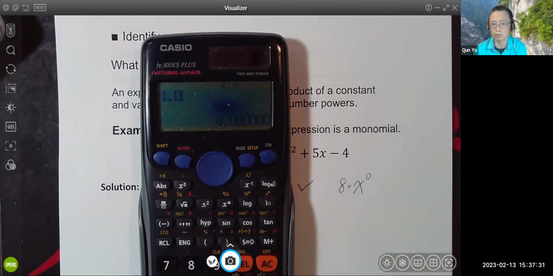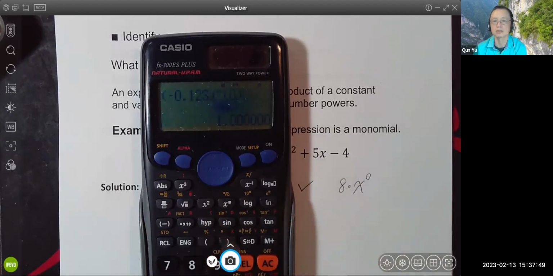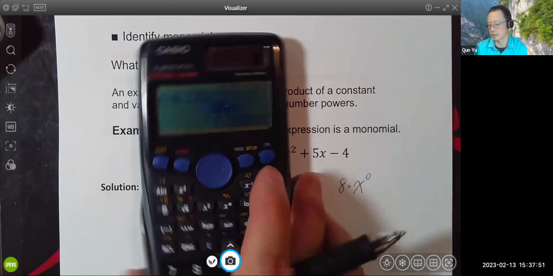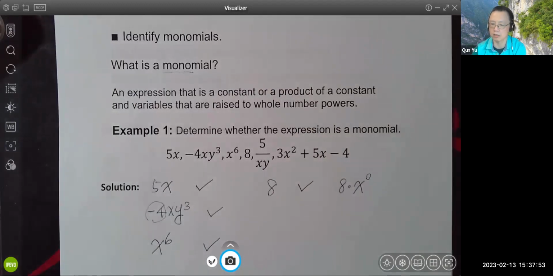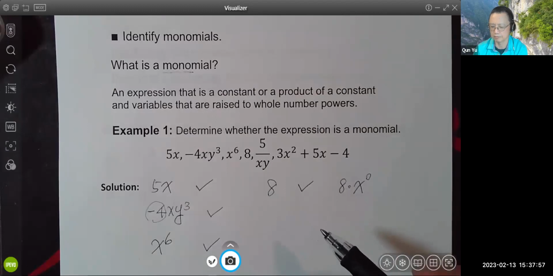Say 1.2 to the power of 0 equals 1. Now let's get a negative, ugly number, negative 0.123 raised to the power of 0 equals 1. So you see that anything to the power of 0 equals 1. That's why this one is also considered a monomial.